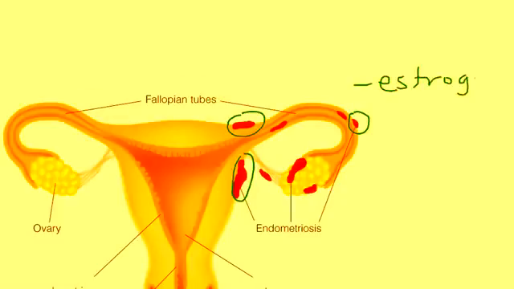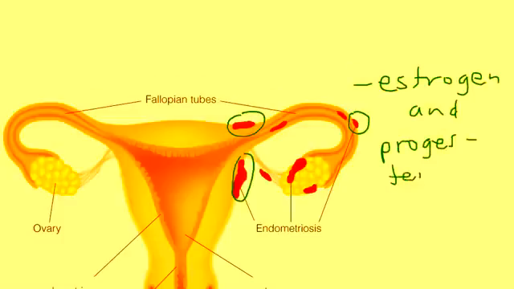Now, before I get into the symptoms, I just want to mention, going back to that diagram, that these ectopic pieces of endometrial tissue have estrogen and progesterone receptors.